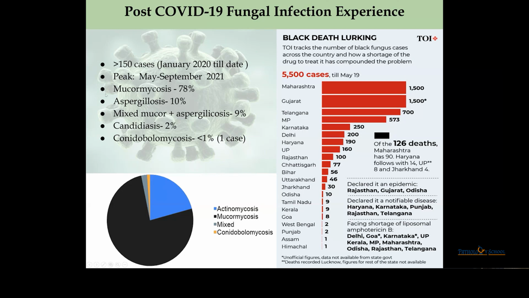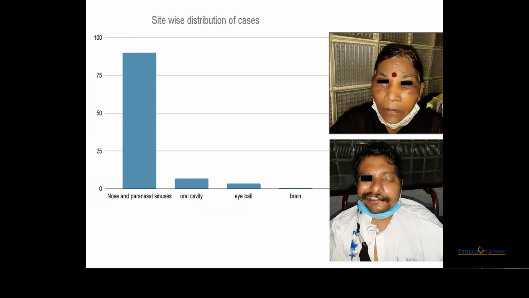As a tertiary care center and COVID-19 hospital, we reported more than 150 cases of post-COVID fungal infection. We saw the maximum number of cases between May and September 2021. Almost 80% of cases were reported as mucormycosis. We also reported mixed infection, aspergillosis, candidiasis, and one case of conidiobolomycosis, which is the present case.